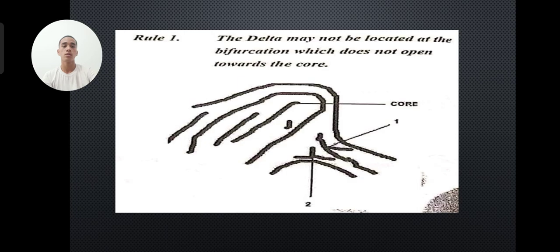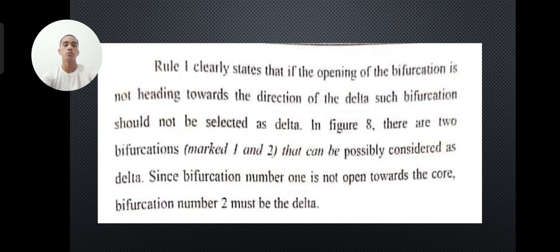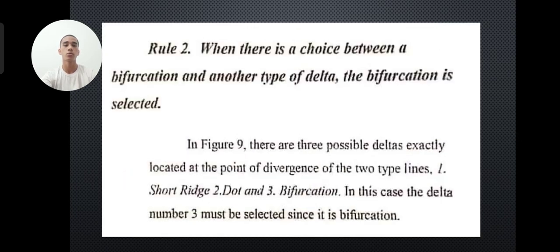So next is rule number 2. So rule number 2, when there is a choice between a bifurcation and another type of delta, the bifurcation is selected. So ang giingon po sa rule number 2 is when there is a choice between a bifurcation.